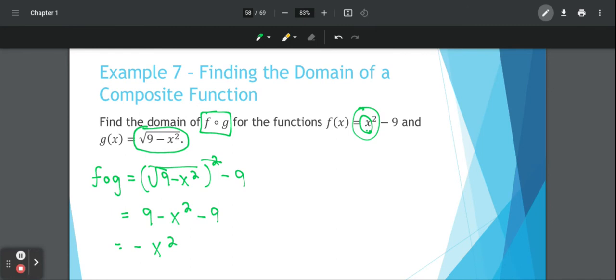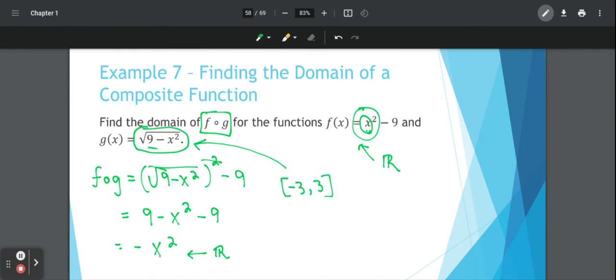Now it says find the domain, so it seems like our domain should be all reals since we just have a parabola. But when you find the domain of a composite function, you have to consider the two functions that make up your composite function. So if we look at this first part of the function, the f, we have all reals for this domain. But if we look at this function right here, this function's domain is just negative 3 to 3, right?